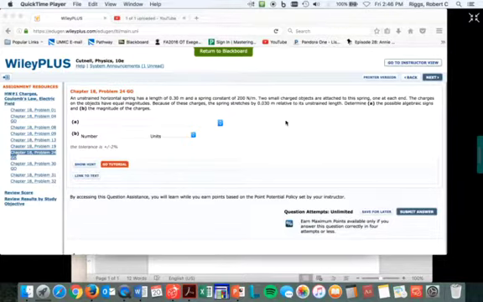It says determine the possible algebraic signs of the charge and the magnitude of the charge. Notice again the magnitude and not the direction, because the magnitude of a charge is a scalar. The force, Coulomb's law, is a vector. So let's draw the picture and take a look at what this looks like.